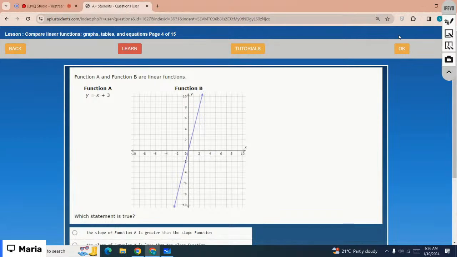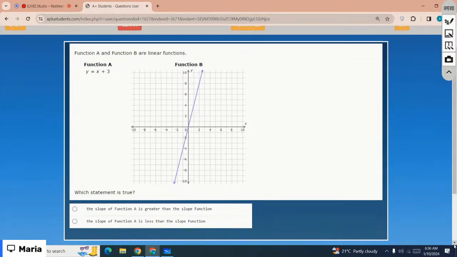Okay, the next one is function A and function B are linear functions, right? So which statement is true? Again, that is a comparison between the slopes of both the functions, right? So which is the correct option?